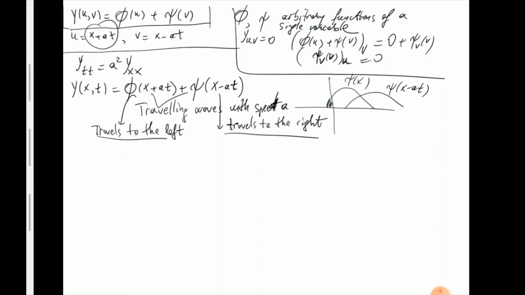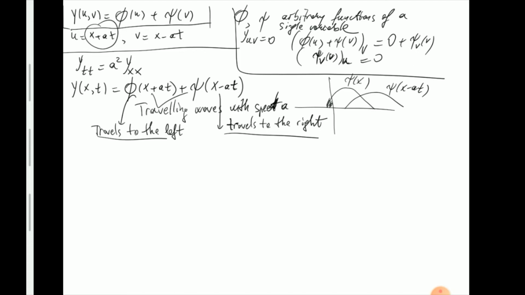That psi of x keeps on moving to the right hand side, and at the same time, phi of x plus at keeps on moving to the left side. This is really boiling down to how we obtain the graph of a function from another function by shifting the argument. People may not remember those typical pre-calculus problems when you are given the graph of a function and you need to sketch the graph of the shift of that function to the right or to the left.